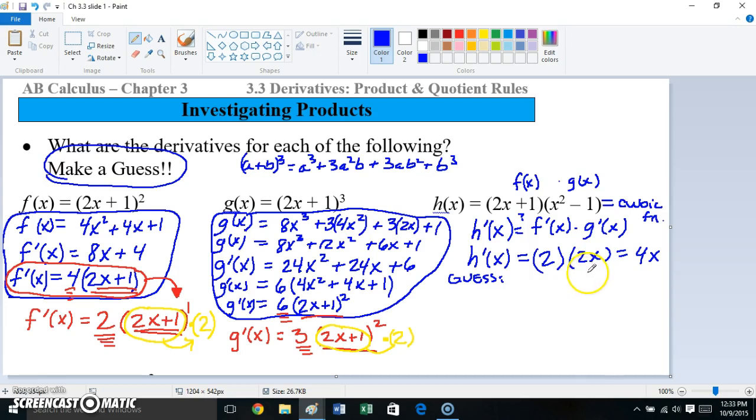All right, and its derivative, therefore, should be a quadratic function. Oops, h prime of x should be quadratic. So looking at this guess, I'm going to say that our guess is wrong, because I know that the derivative has to be a quadratic. Okay, so there's something else that's going on when we have the product of two functions in order to find its derivative.